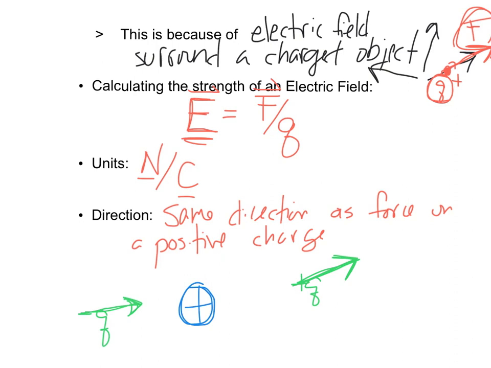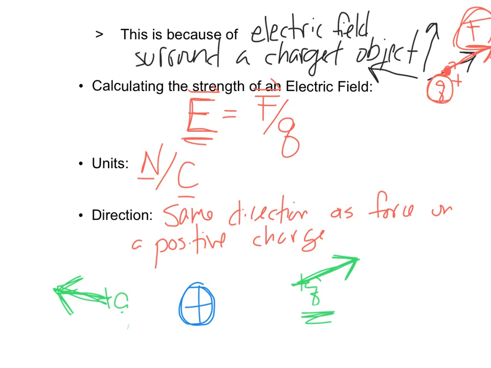When we think about electric field, we're thinking about what would happen to a positive charge only. We're focused on the positive charge, so we have basically a standard that we can compare from one charge to another. So if I put a positive charge over here, it's pushed outward by this central positive charge.